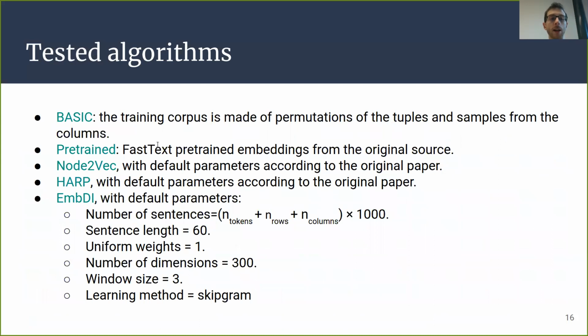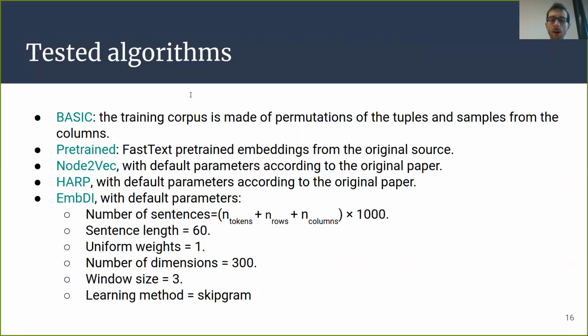In our experimental campaign, we tested 5 different methods. Basic denotes a simple word2vec approach in which the corpus is constructed locally by using permutation of tuples. Pre-train describes the case in which we consider embeddings constructed using the pre-computed fastText model, with RIDs built by averaging the vectors of each value in a tuple.